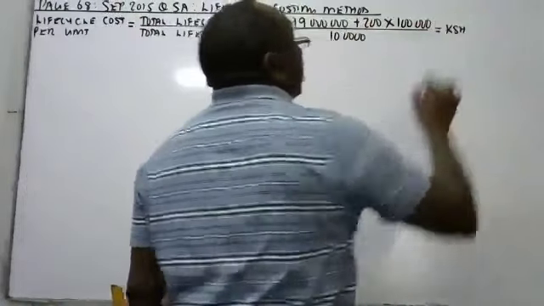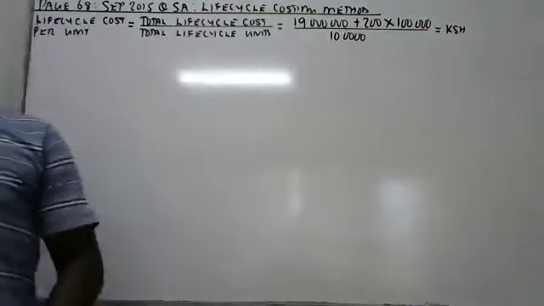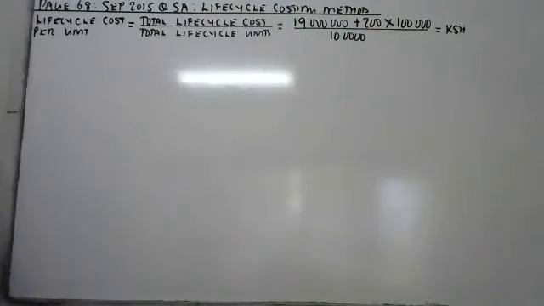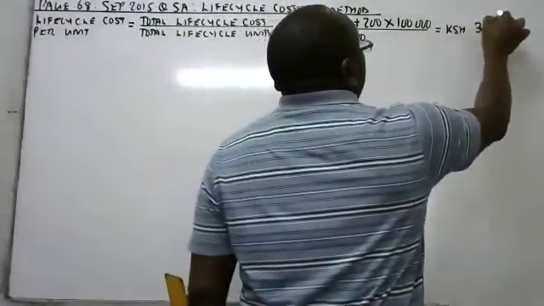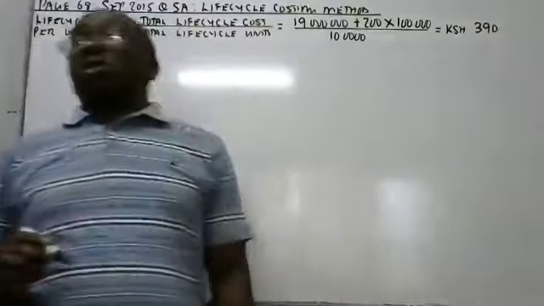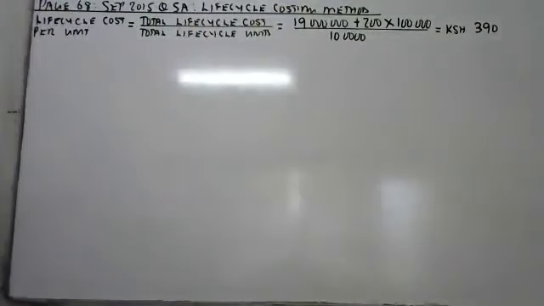So that gives us Kenya shillings 390. So that is the cost of one unit throughout the life of that product.